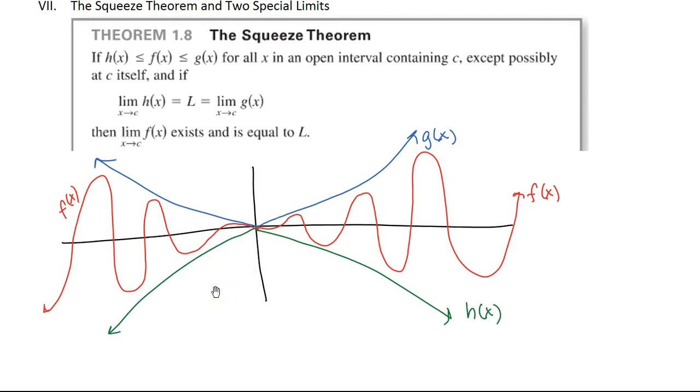So in this case, the limit as x approaches c of f of x is equal to the limit as x approaches c of g of x and the limit as x approaches c of h of x. So sometimes this can be a very useful approach to take if you know two bounding functions and you know their limit at c, you can figure out the limit of f of x at c.